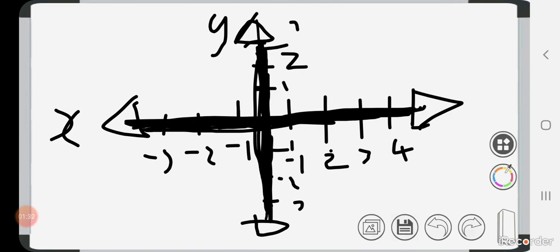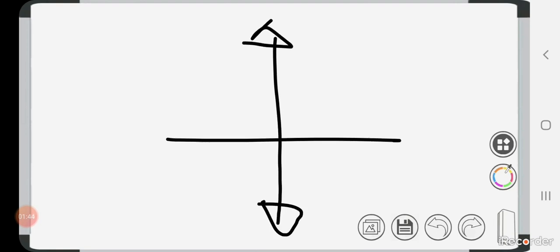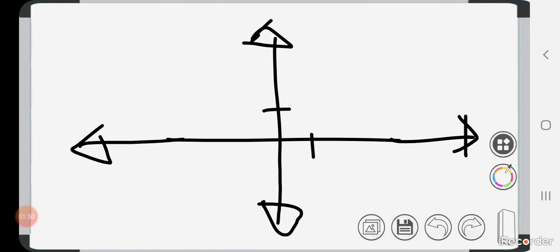Now, we use this to depict a relationship between two variables. So in this particular instance, it's x and y. So if we have something like this, where y1, x1, y2, y3, x2, x3.